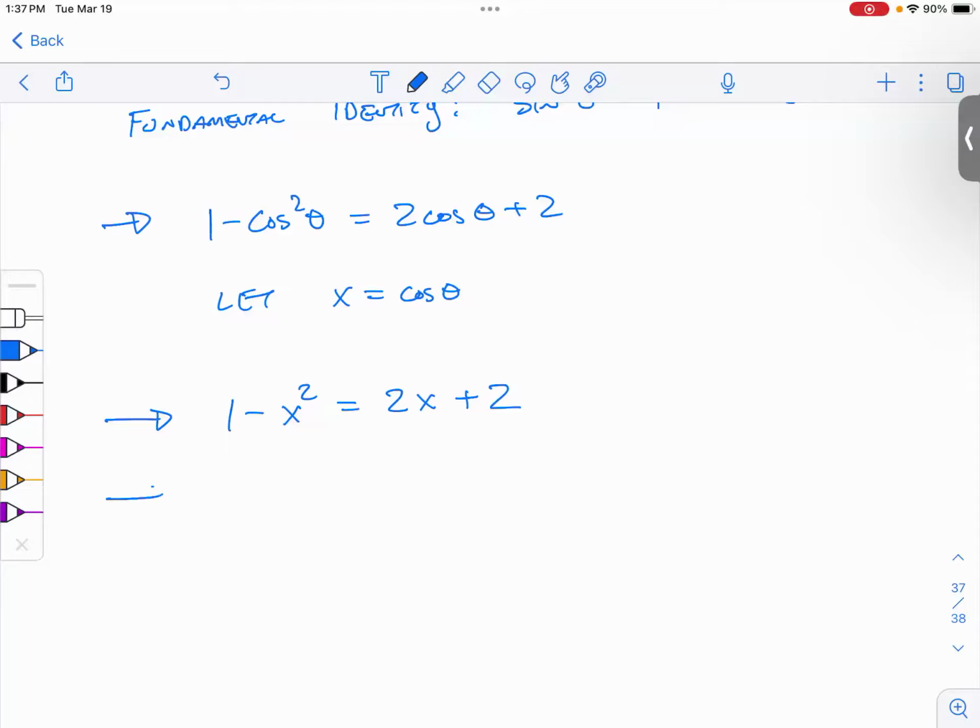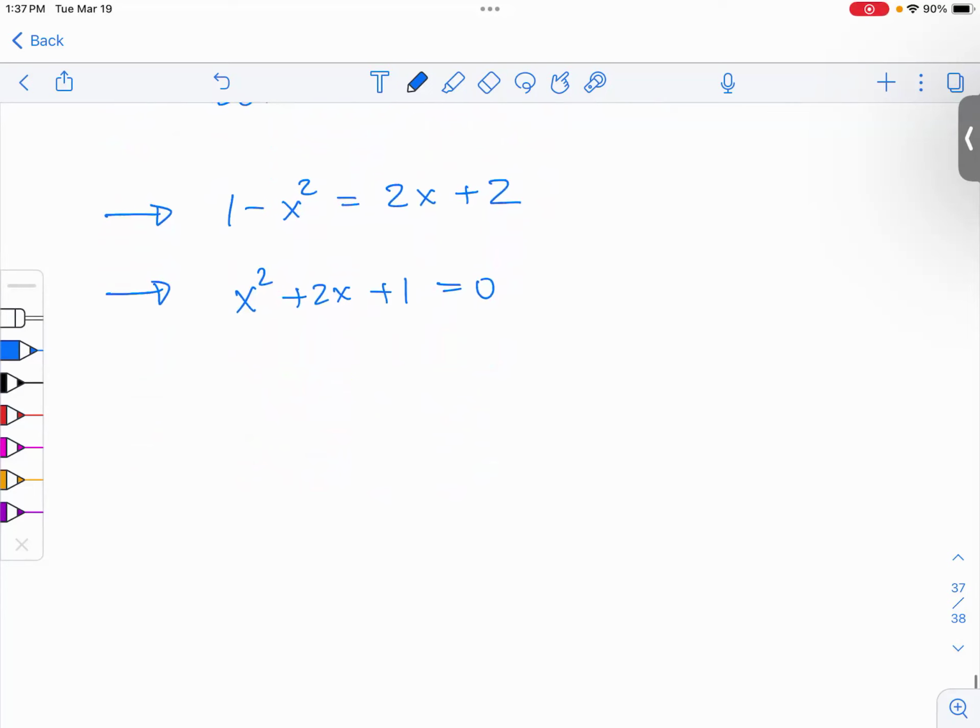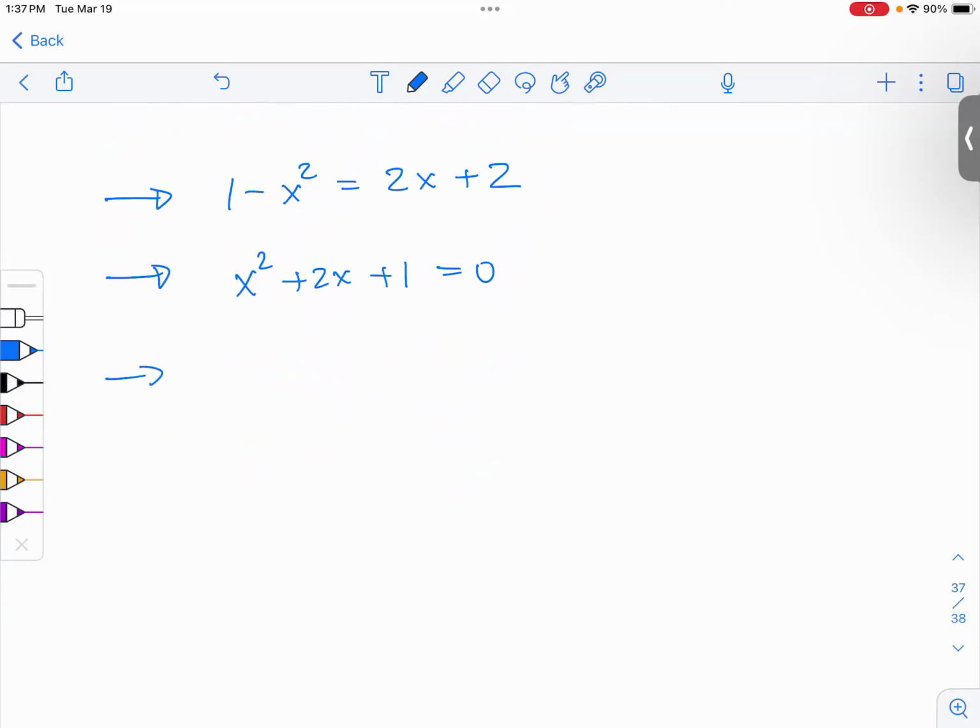When you have a quadratic, you always get it equal to what? 0, right? Get it equal to 0. So I'm going to bring all that over. We end up with x squared plus 2x plus 1 equals 0, which is a perfect square. I could diamond this, but this happens to be a very clean solution.